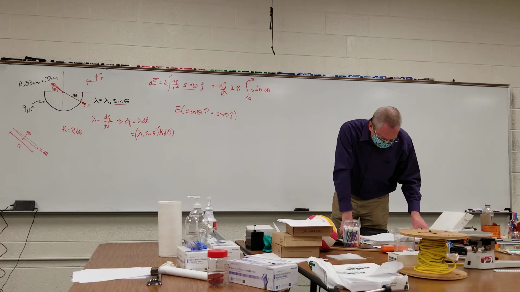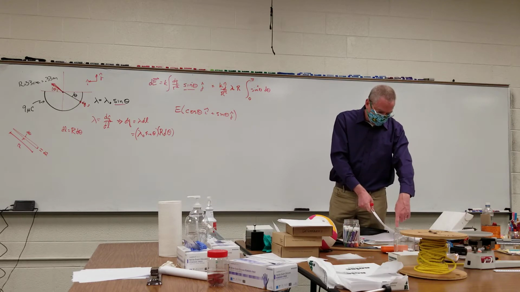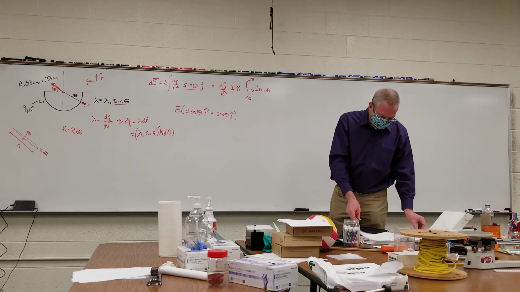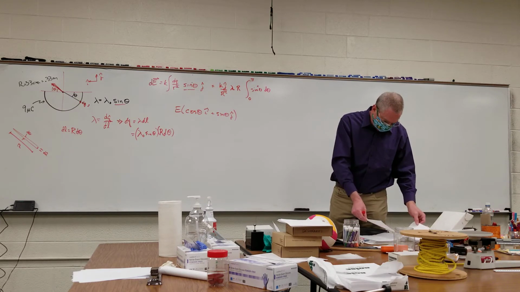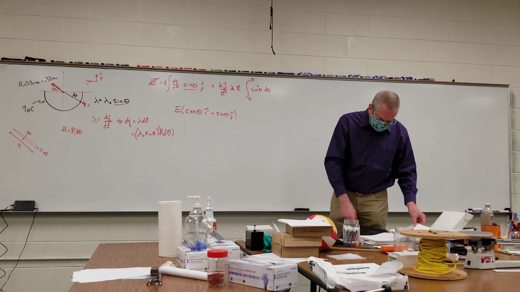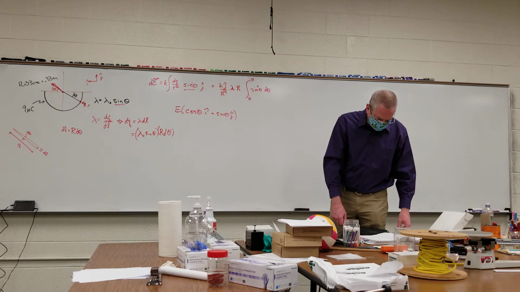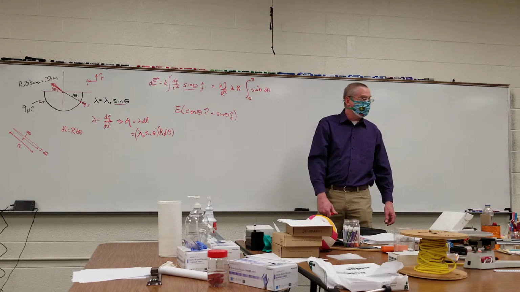Oh, yeah, I've got a big old mark right through my solution here. I put a slash through it and it says does not match problem. That would explain some confusion there.